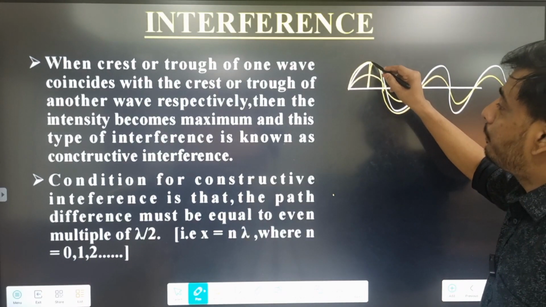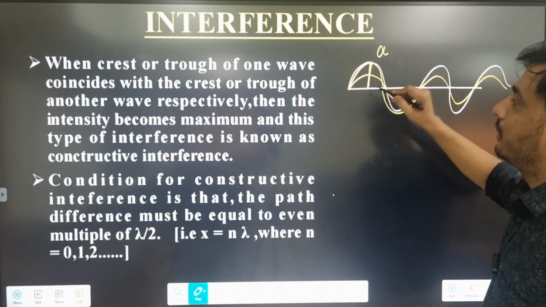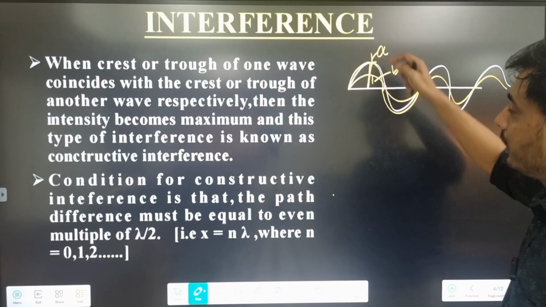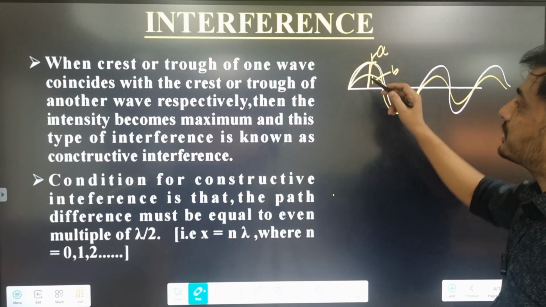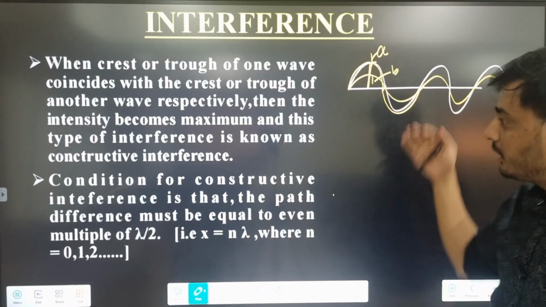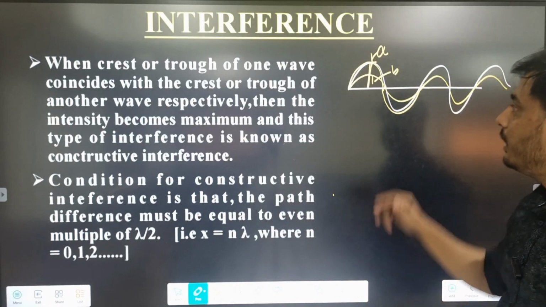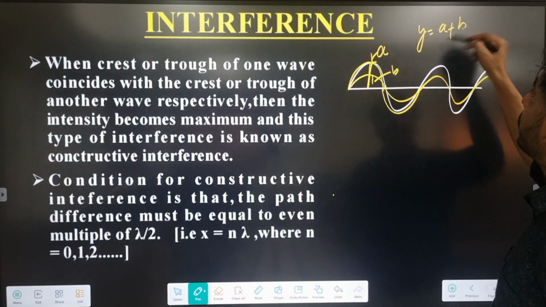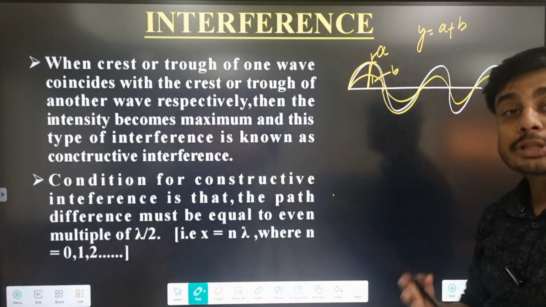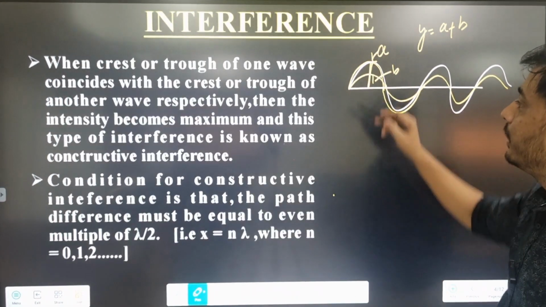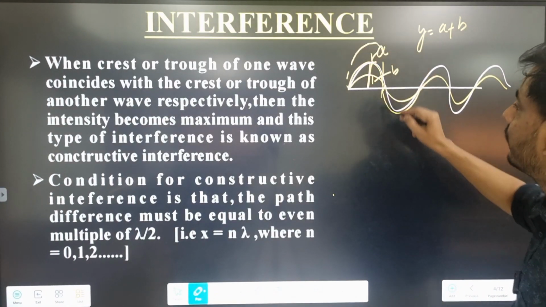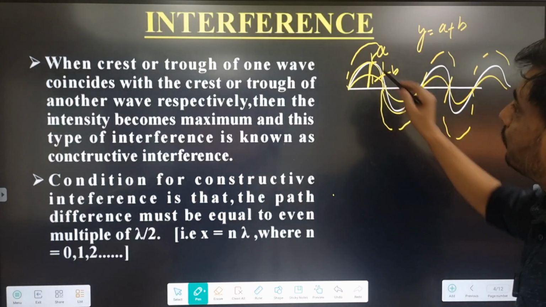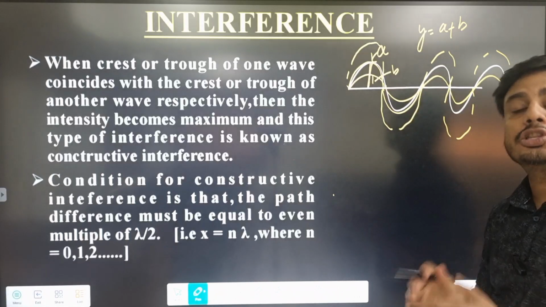If the amplitude of the first wave is A and the amplitude of the second wave is B, then here you can see, we know that this is the axis, upward we say positive, downward is said to be negative polarity. So the result will be Y equals A plus B, or the resultant amplitude is always A plus B. Since the resultant is more than A and B, this is said to be constructive.